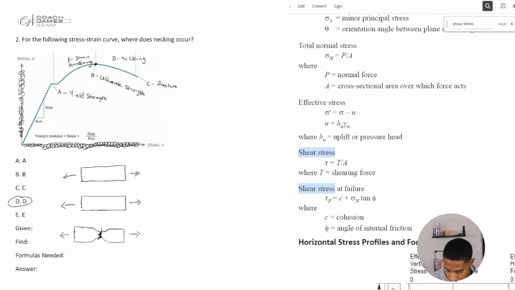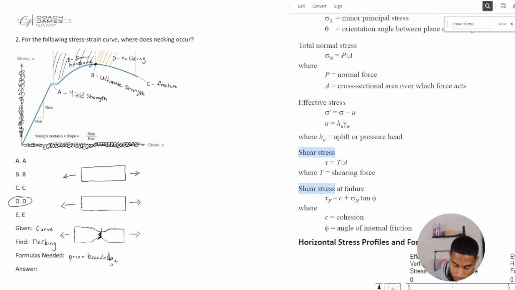We're given our curve, right? We're trying to find necking. And you had to have some prior knowledge for a question like this. Something that you're going to need to know on the exam. They're going to ask you. So just know what happens at each phase and you should be good, right? E is a phase. D is a phase.